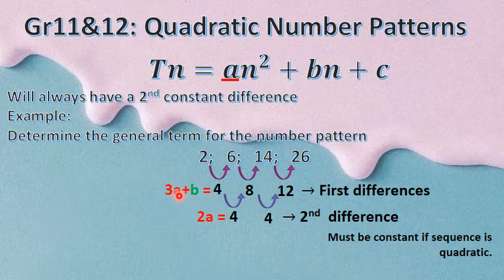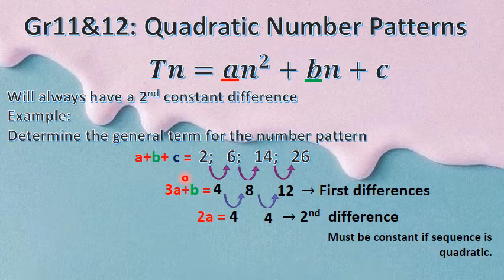Then the next little formula, we use that a that we found and multiply it by 3 and add b. So 3a plus b equals the first term of your first differences. The first term of your first differences is 4. 3a plus b equals 4. We have a value for a, so we can find the value for b.